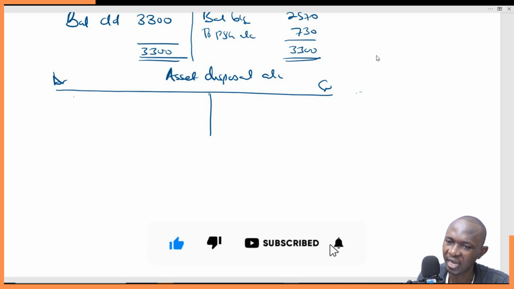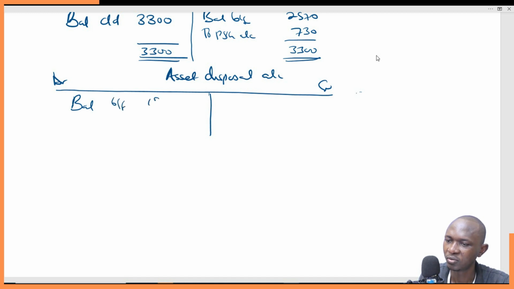What we'll have is the asset itself. So balance brought forward, which was 15 million. Let's talk of 15,000 because we are dropping the zeros. So 15,000.